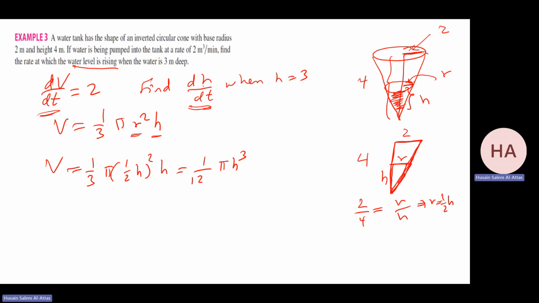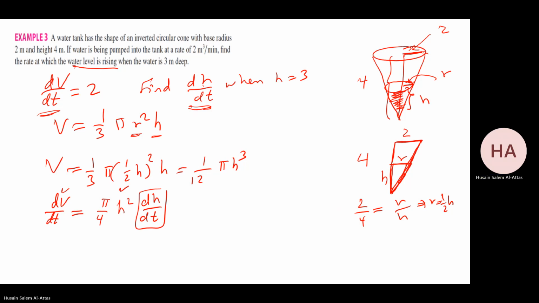That will make it easy. So I have what? Now differentiate. dV/dt will be what? π over 4 h² dh/dt. I have this. I have this. I need to find this.